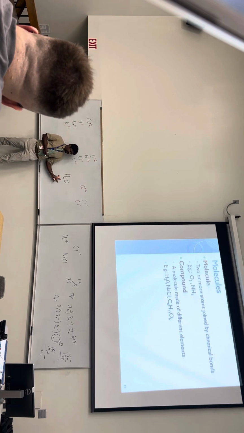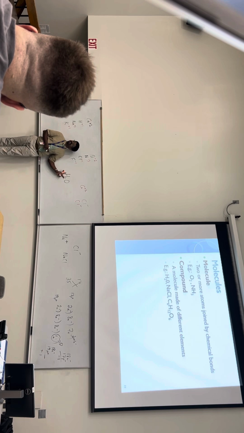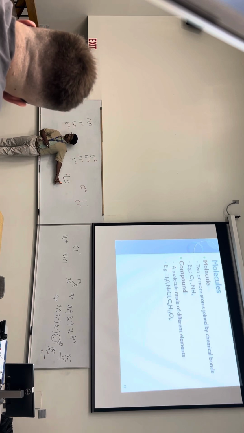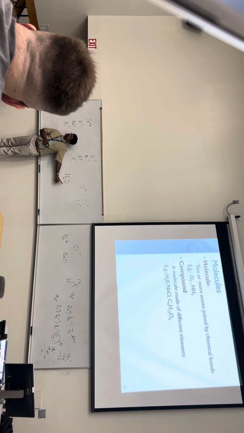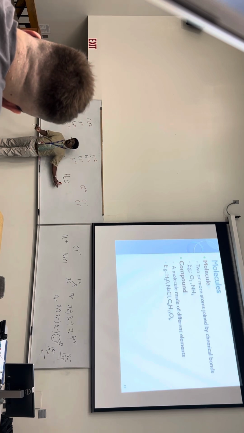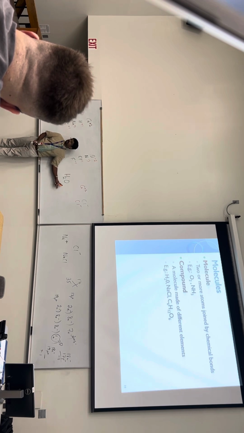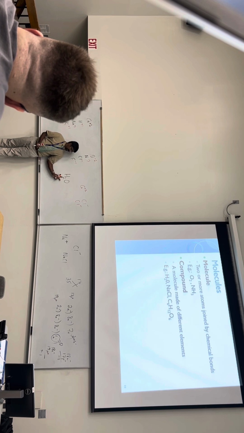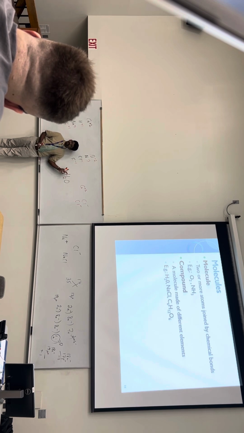It tells us we have 2 of whatever is in front of it. Then do I have 0 oxygens? 1. Remember what I said? A lot of times in chemistry we just don't write the number. If there's nothing written, it means 1. So here it tells us there are 2 hydrogens and 1 oxygen.